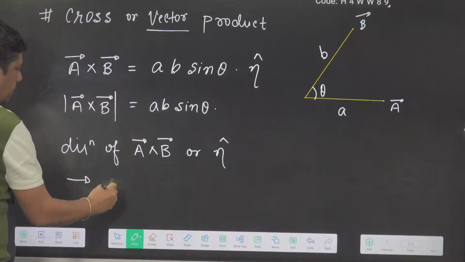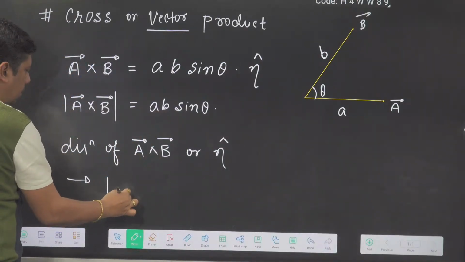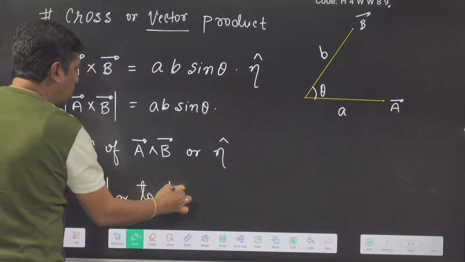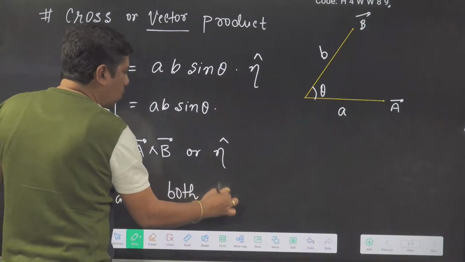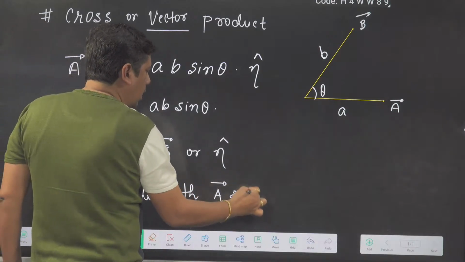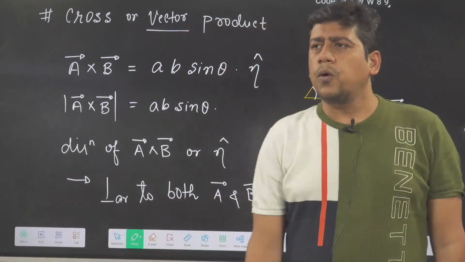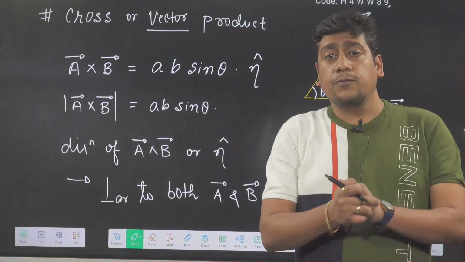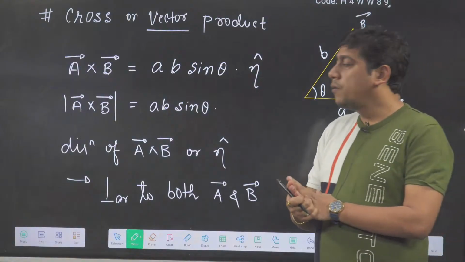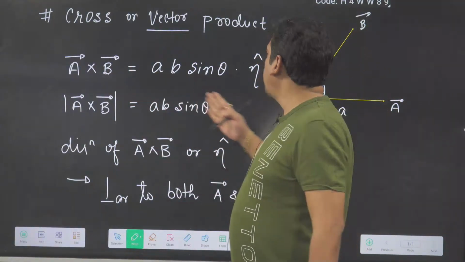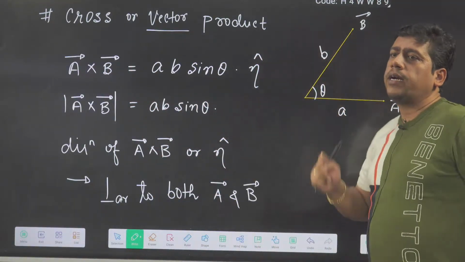So direction is perpendicular to both A vector and B vector, and this is the most important point. Okay? Remember, A cross B is supposed to be perpendicular to both A vector and B vector.